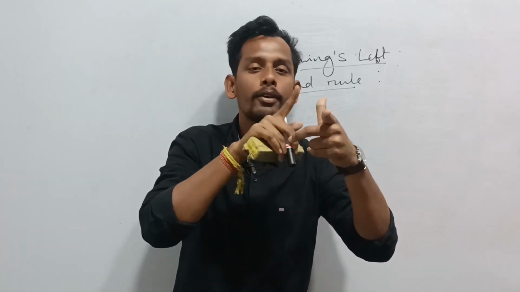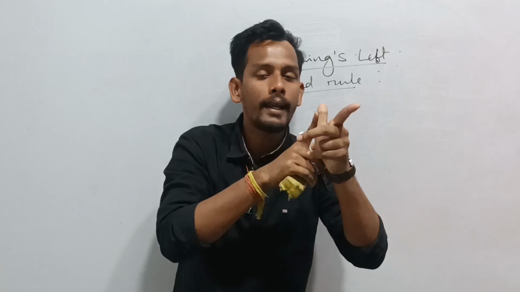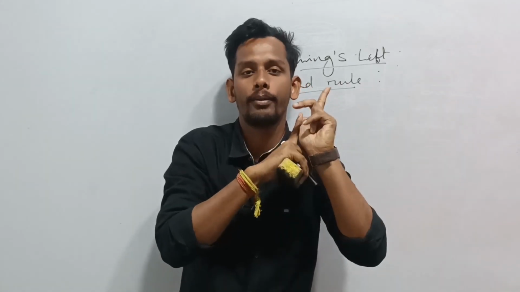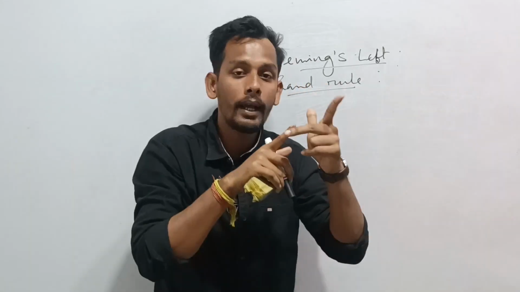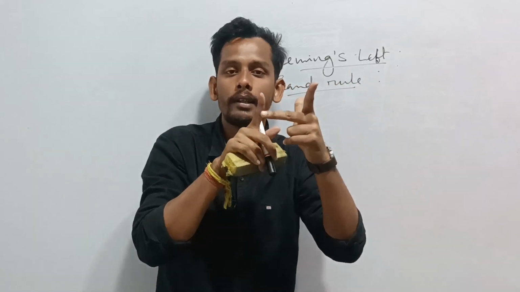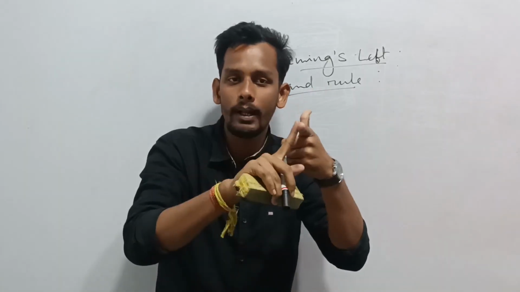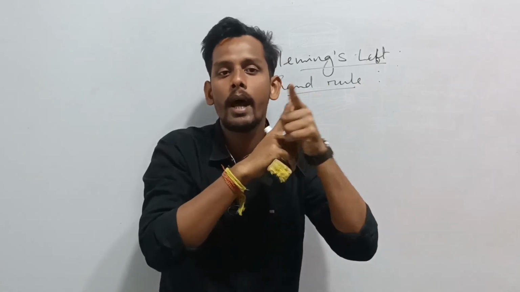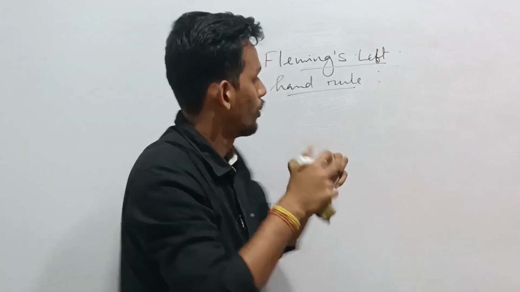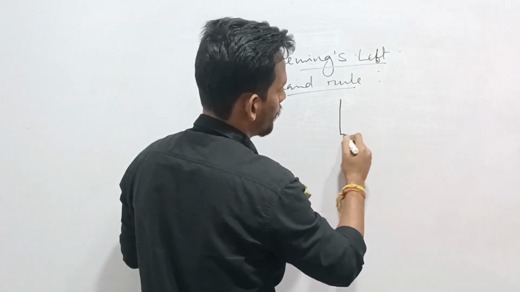If your middle finger shows the direction of current, and your forefinger shows the direction of the magnetic field, then your thumb will show the direction of the force of the magnetic field. I repeat again. If your middle finger shows the direction of the current, and your forefinger shows the direction of the magnetic field, then your thumb will show the direction of the force.